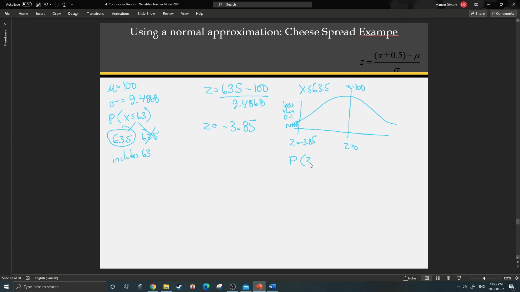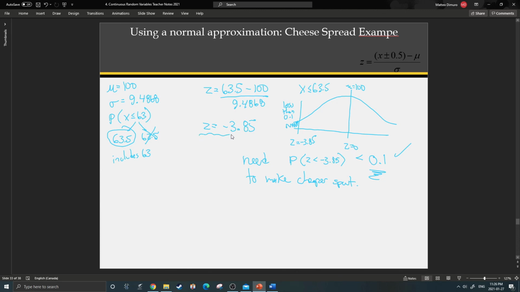So when we look up the probability that z is less than negative 3.85, we want that probability to be less than 0.1. Now, here's two things that are happening. You need to realize that this is the test. So we need this to make the cheaper spout profitable, right? Because we're going to lose customers if it's greater than 10%, okay?